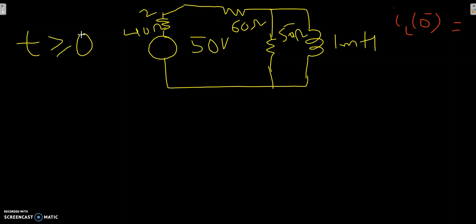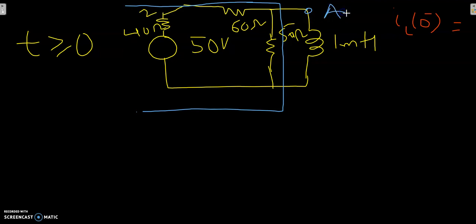So let's try to draw the Thevenin equivalent. Let's consider these 2 points as A and B, these 2 terminals, and let's try to find out the Thevenin equivalent of the circuit of this portion.